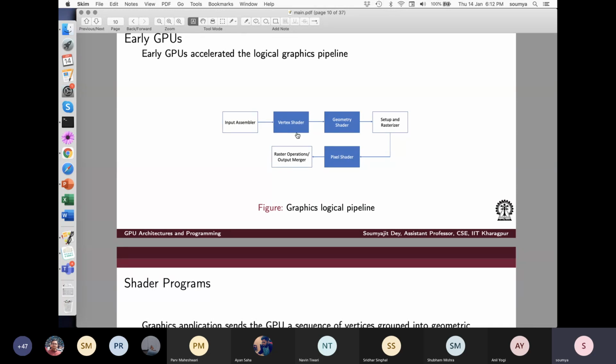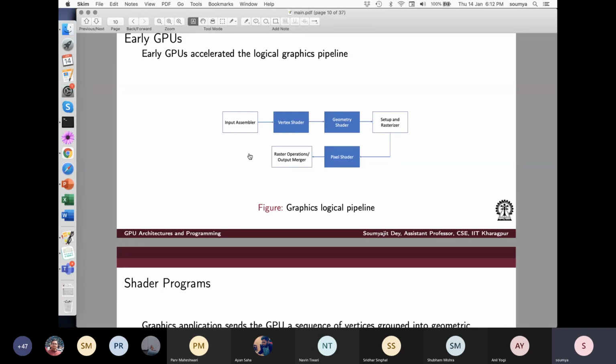They are responsible for shading the vertex, creating a geometry, and finally shading the pixels, and then doing something called raster operation, which is going to give the final outputs. Okay, but earlier systems had this kind of a graphics pipeline. That means we had individual fixed function units, and this pipeline will work.